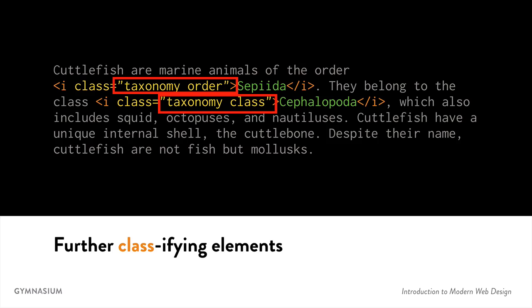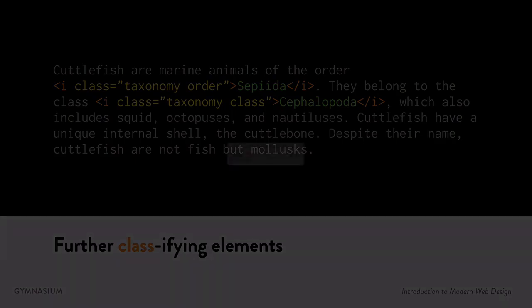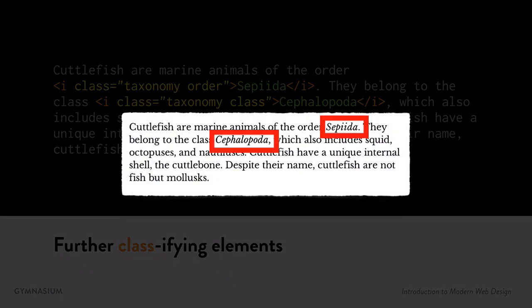We can use these classifications for styling purposes, for scripting purposes, or in order to expose information from the page to other technologies. In terms of the actual display, they still look like italics, but we've added a little bit more semantic meaning to the document by indicating how these particular elements are operating.